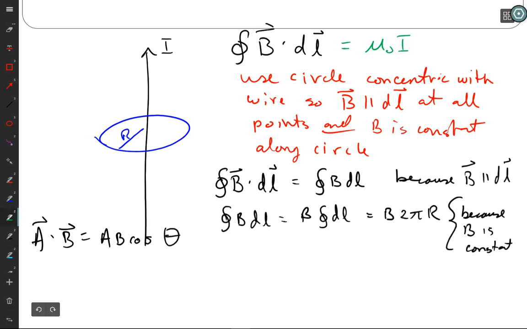How much charge is enclosed, or how much current is enclosed in this loop? There's only one wire. The wire carries I, so how much current is enclosed? It's not a tough question, friends. It's the obvious answer.